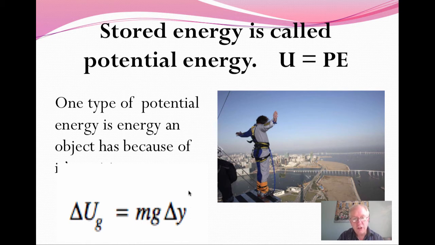As you do work on something and lift it, you are giving it a positive potential energy. You're building up its gravitational potential energy. And as you drop it and as it falls, gravity's doing work on it and it is losing its potential energy. So the object as it changes its height in the negative direction is going to be losing potential energy. So that's because of its position.